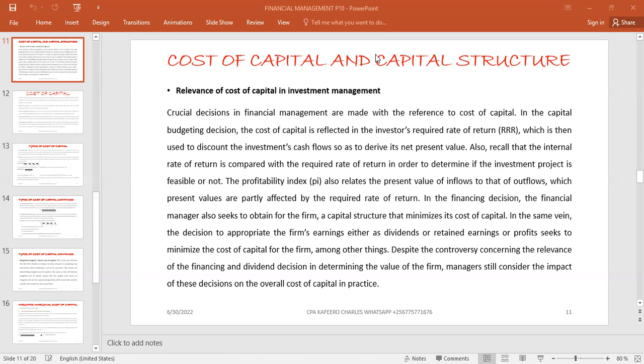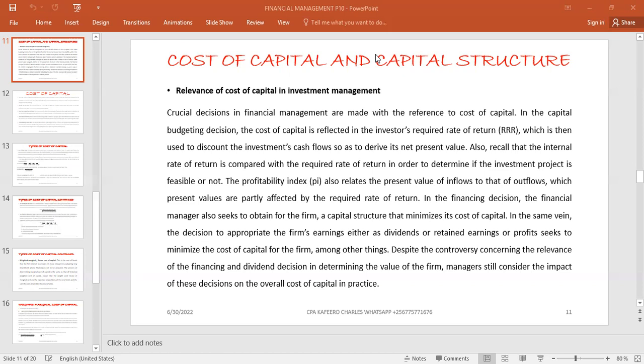Also, recall that the internal rate of return, that is the IRR, is compared with the required rate of return. The internal rate of return, the payback period, the net present value, those are some of the methods. There are others which are non-discounted and others which are discounted.